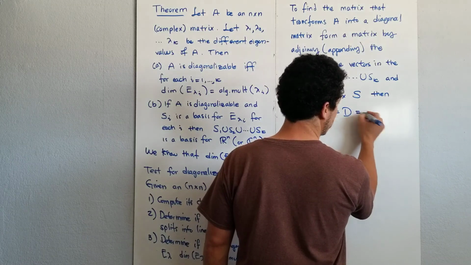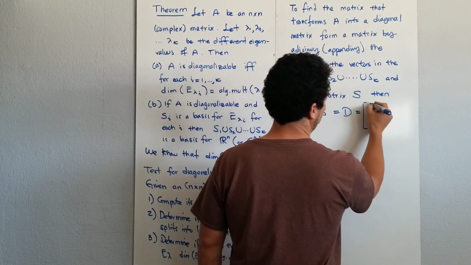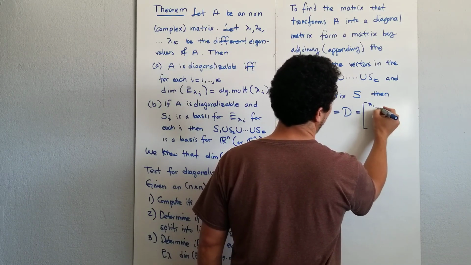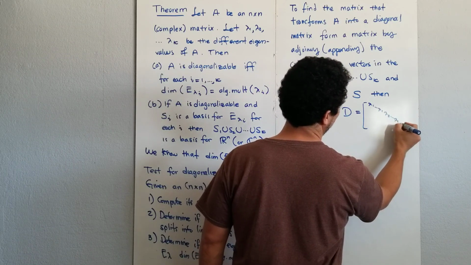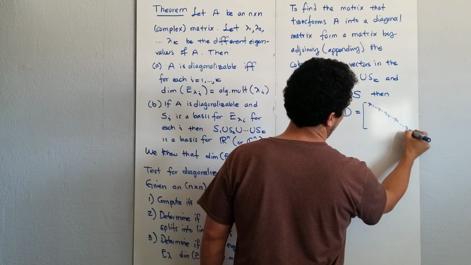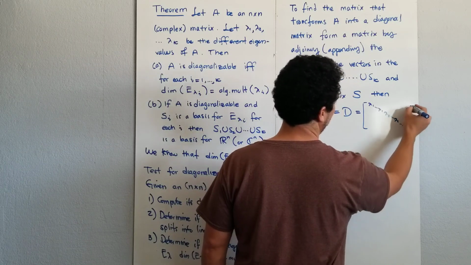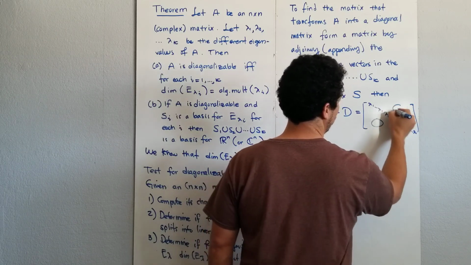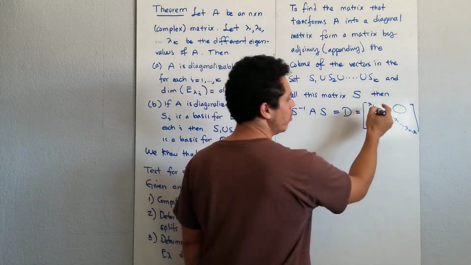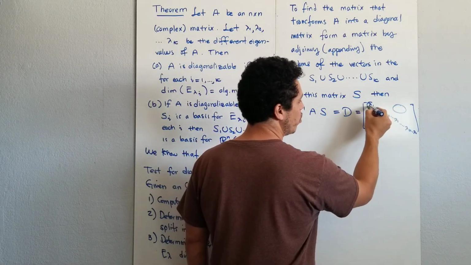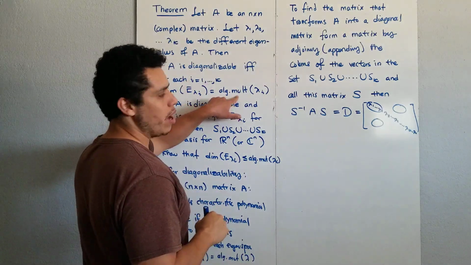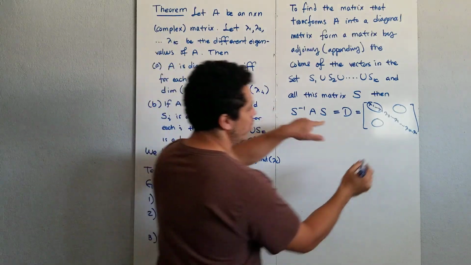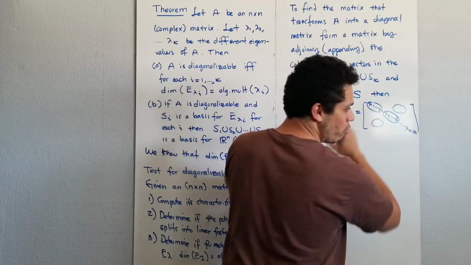It looks like lambda 1, lambda 1, lambda 2, lambda 2, lambda k, lambda k, 0, 0. Now, how many times does this repeat? Well, as many times as the algebraic multiplicity of lambda 1. How many times does this pattern repeat?